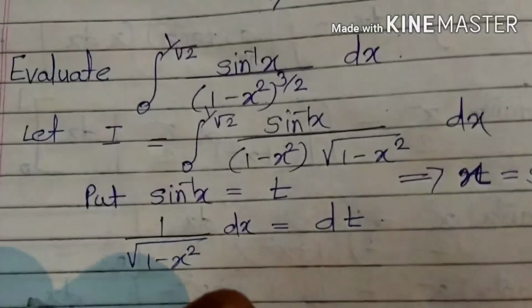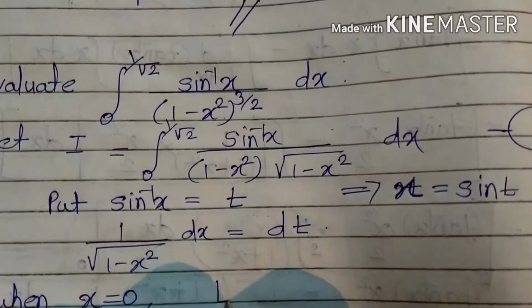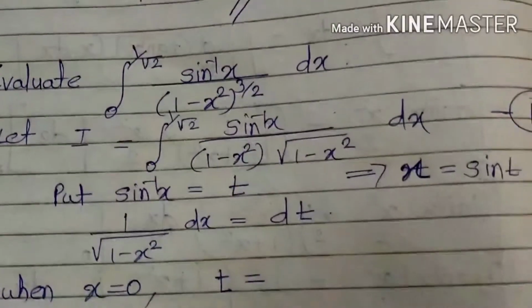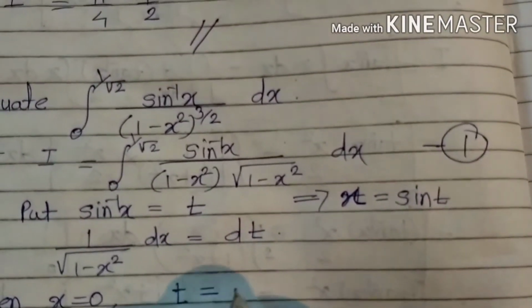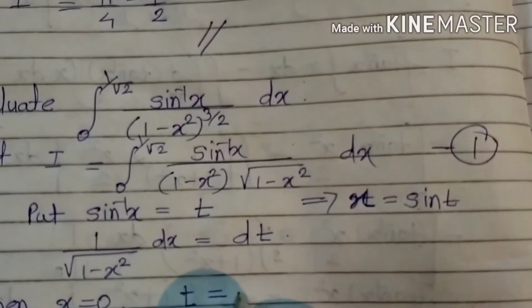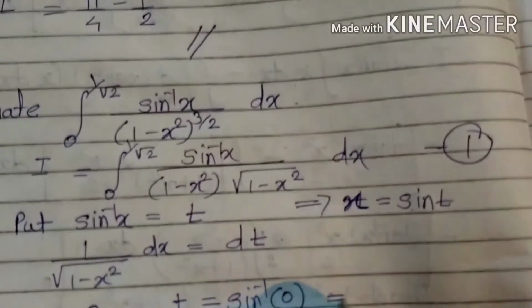So when x is equal to 0, t is equal to what? You can put x equal to 0, so t is equal to sin inverse of 0. Sin inverse of 0 is 0.